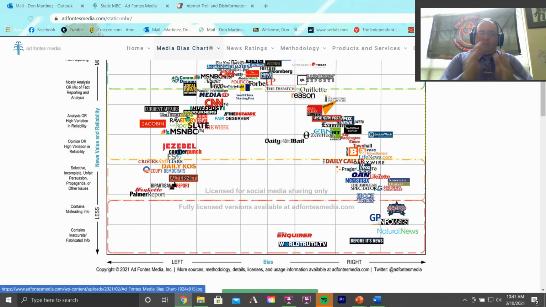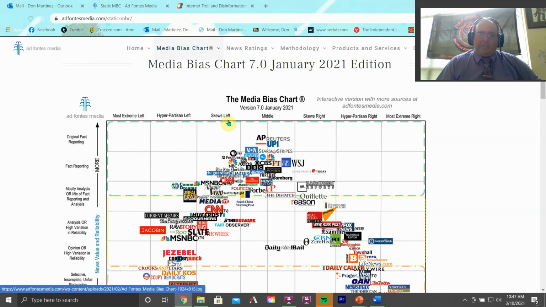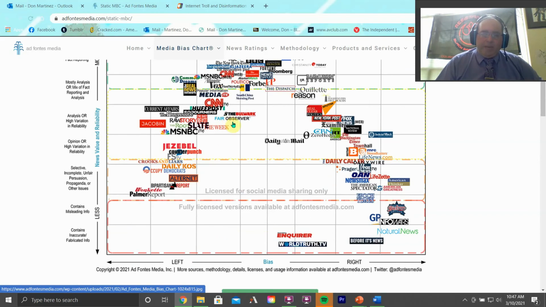Now we're starting to split off a lot from the center in terms of left wing and right wing bias. It's starting to go more into leaning, or hyperpartisan, as opposed to skewing. So look at who we have here on the left wing: HuffPost, Progressive, the Daily Beast, Slate, The Root, The Week, TV, MSNBC, Jacobin.